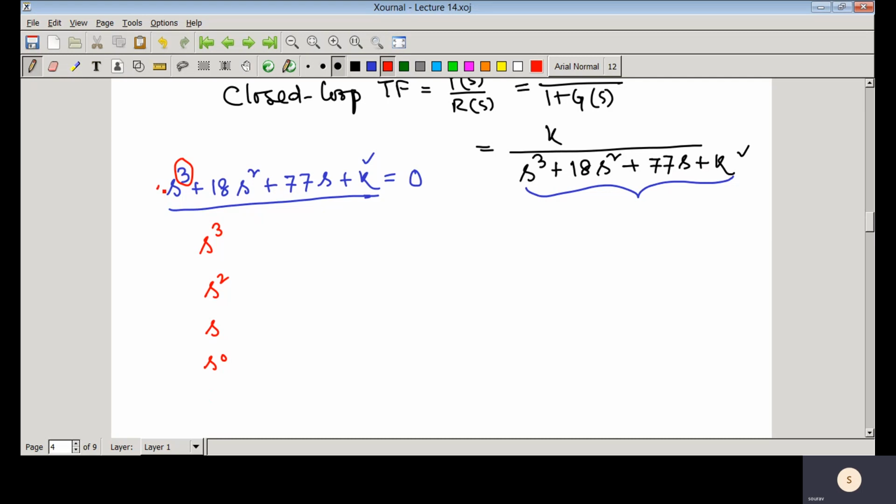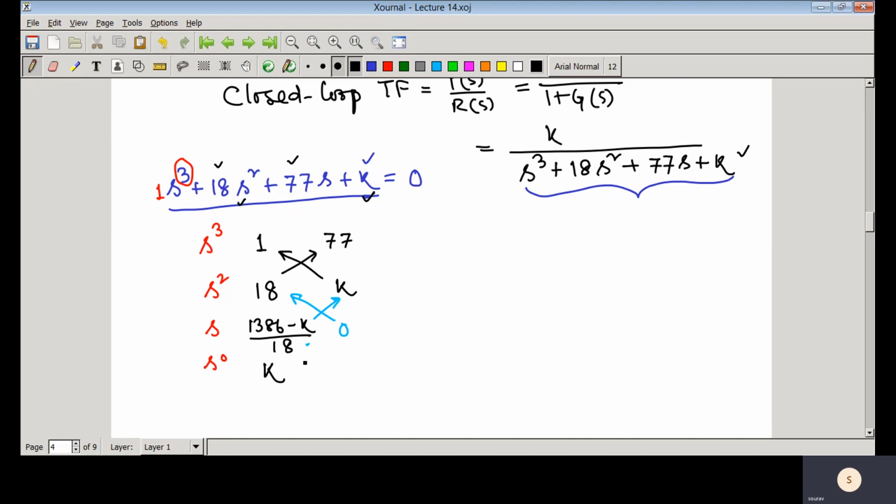Then the first coefficient is 1 here, and then another one is 77, and here for S square, this is 18, and next one is K. So now if we follow this particular multiplication, that is 18 into 77, that is 1386, and then minus K, divided by 18. Then this is 0 here, so basically this one is K.